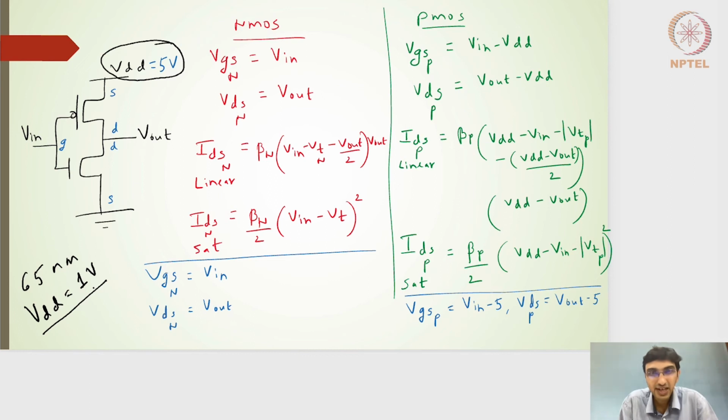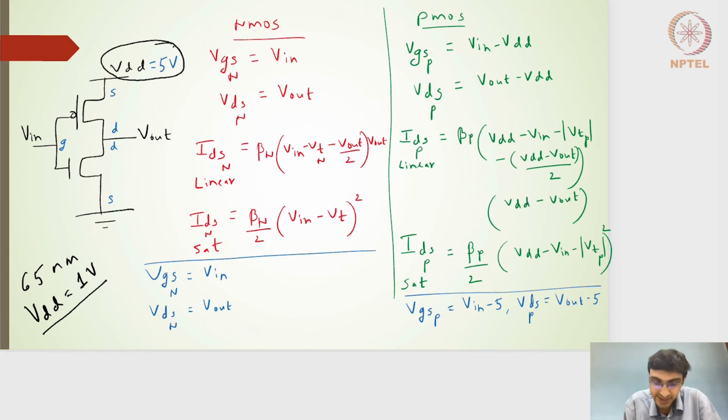But here I am taking a scaled-up VDD so that I should be able to see the solutions at a somewhat higher voltage. Practically, most examples of the 65 nanometer technology will always have it as 1 volt, but just for theoretical understanding, I'm taking 5 volts.